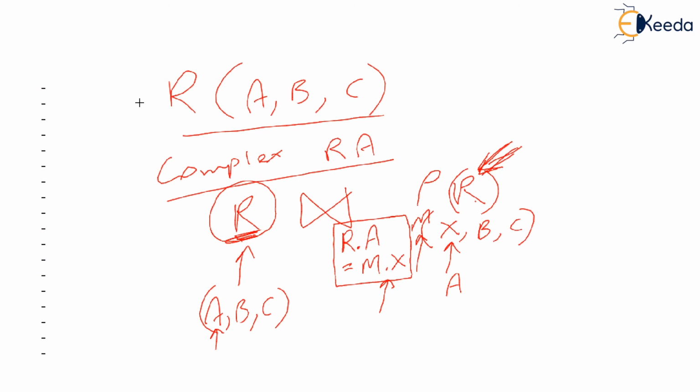We have to rename a table or a column whenever there is a chance of confusion while writing the comparison expression. You will even see, not only in join, these rename operations getting used in nested queries. When one relational algebra expression is nested in another, you will use the rename operation.